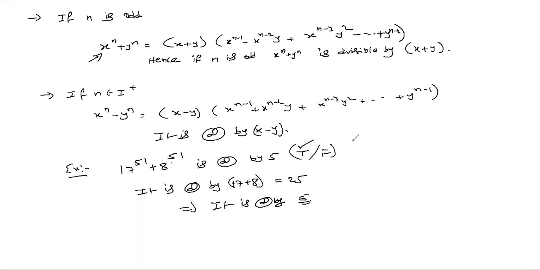Similarly, let us take the next example. 17 power 30 minus 8 power 30 is divisible by 9. True or false?